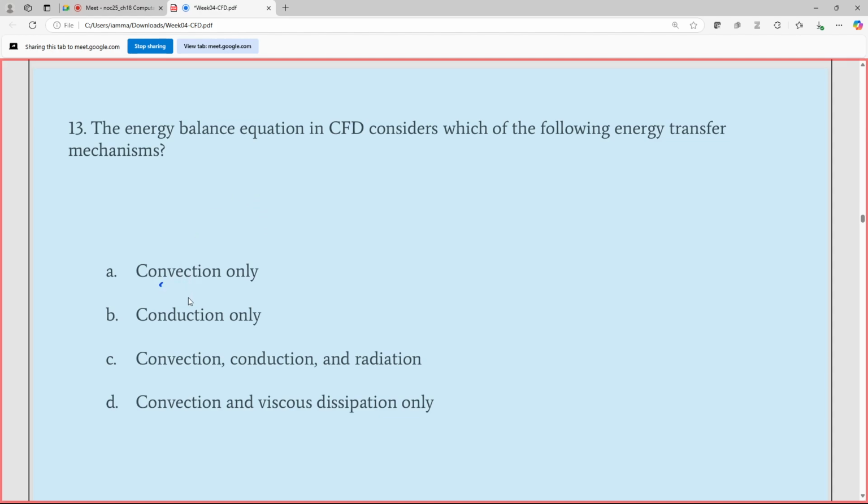Options are option A, convection only, option B, conduction only, option C, convection, conduction and radiation, option D, convection and viscous dissipation only. You can in-box your answers.